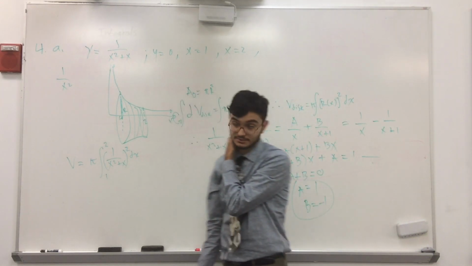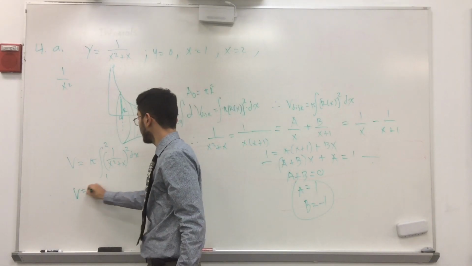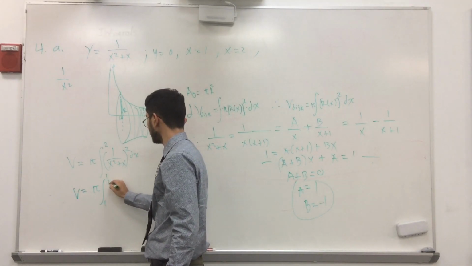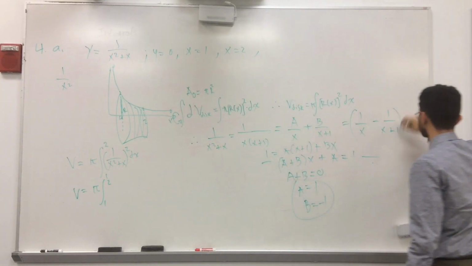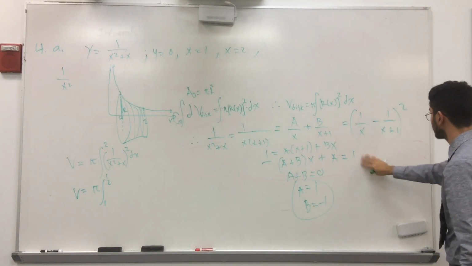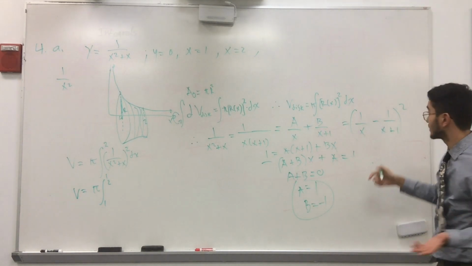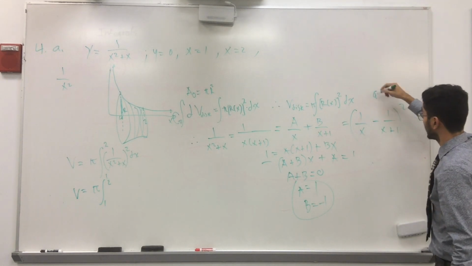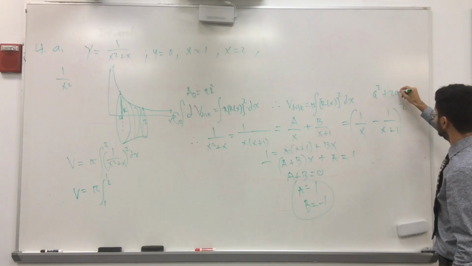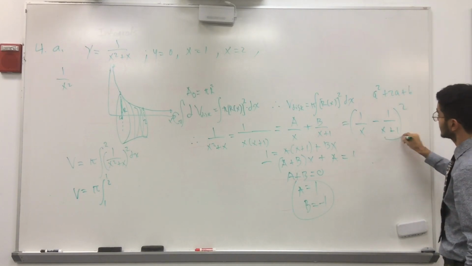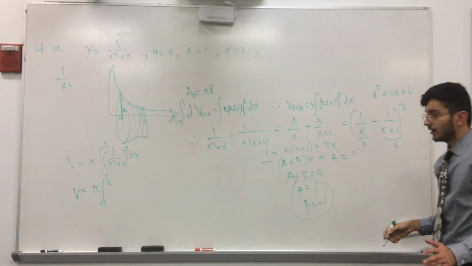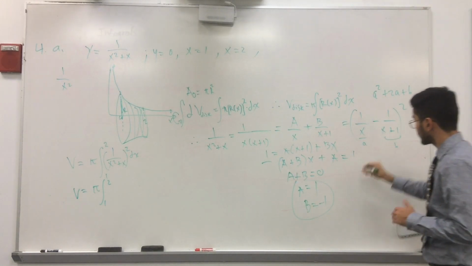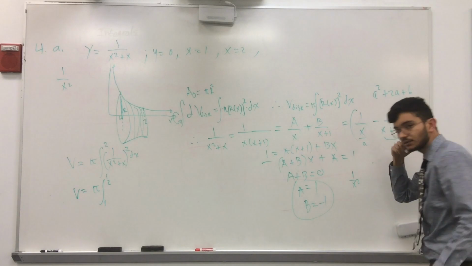We're going to square it, so the volume is pi times the integral from 1 to 2 of this squared. What happens when we square this? Well, we have the first term squared, in the form of a squared plus 2ab plus b squared, given that this is a and this is b.